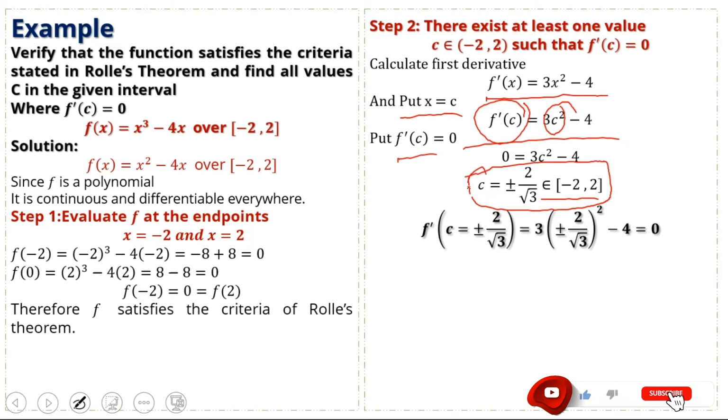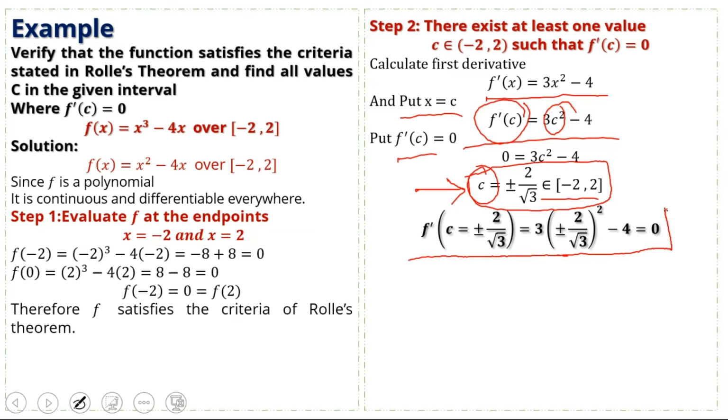Now we check the value of the derivative at this point. If the derivative of this function at c is equal to 0, then this will be an interior point, and we can see the value of the derivative at c is equal to 0.